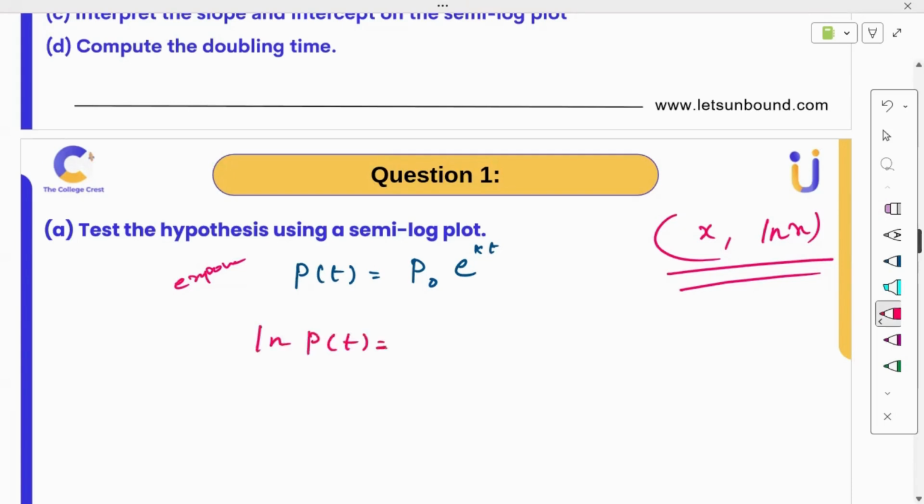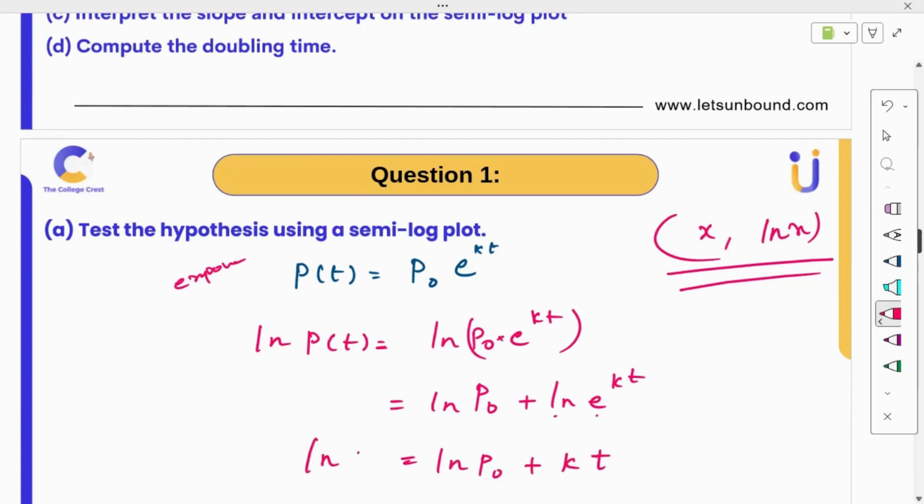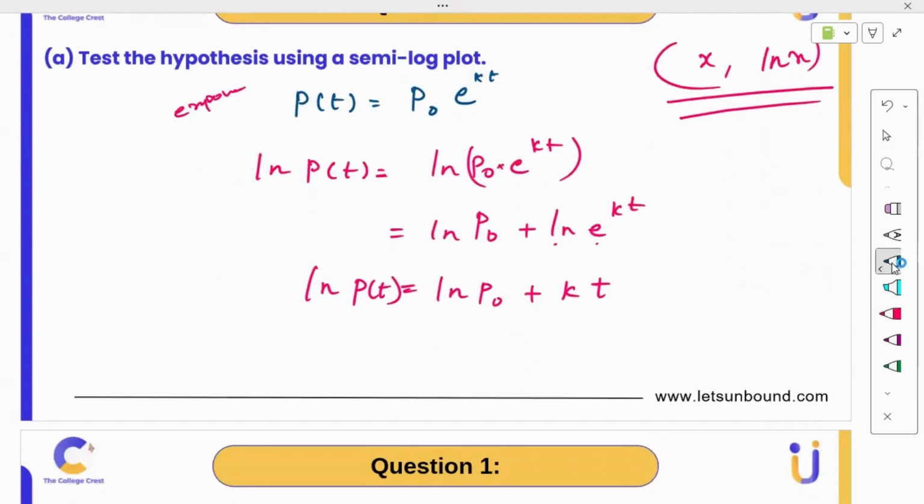ln P of t equals ln P naught e to the power of kt. Since ln of a product can be split, I get ln P naught plus ln e to the power of kt. ln and e are inverses of each other, so I get ln P naught plus kt, and this is ln P of t. So ln P of t is your y, and t is your x, right?